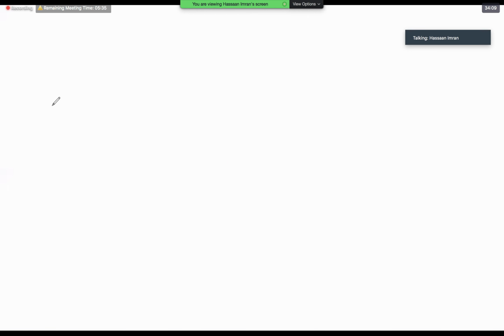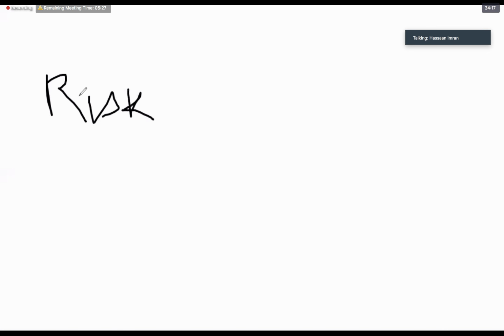Say for example, whenever we have a risk and we want to look for its association with the disease, and we want to develop an association, whether there is an association, whether there is a negative relationship. Association is also known as relationship.